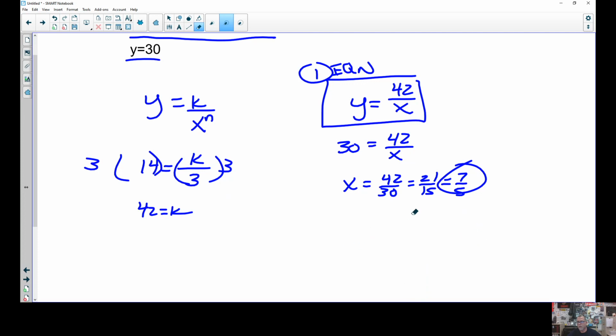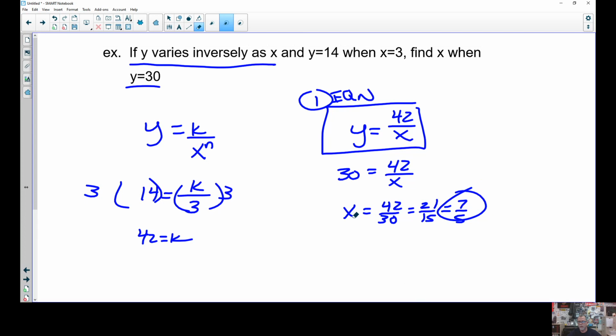We found that x was 7/5. We did both of them. I just kept going thinking I was solving for the variation constant still. I apologize. So x is 7/5.